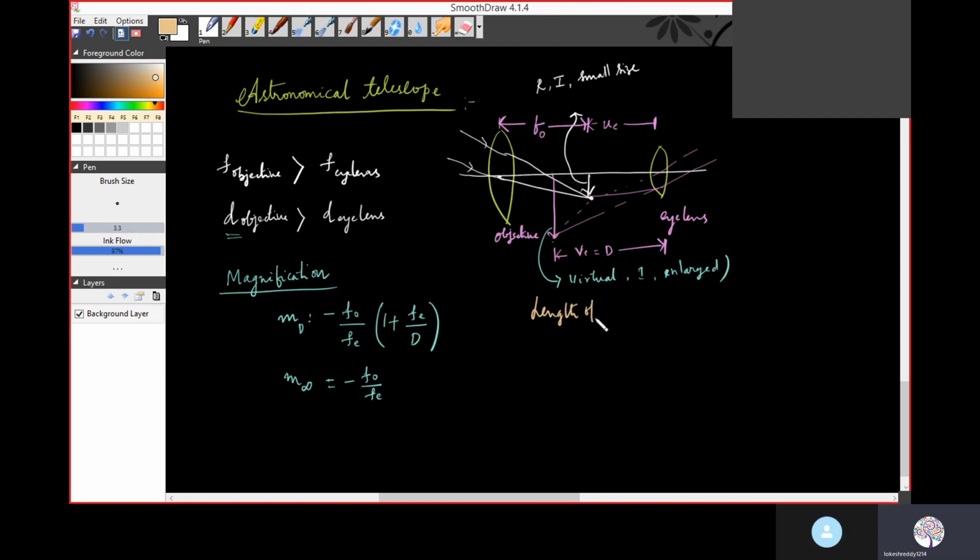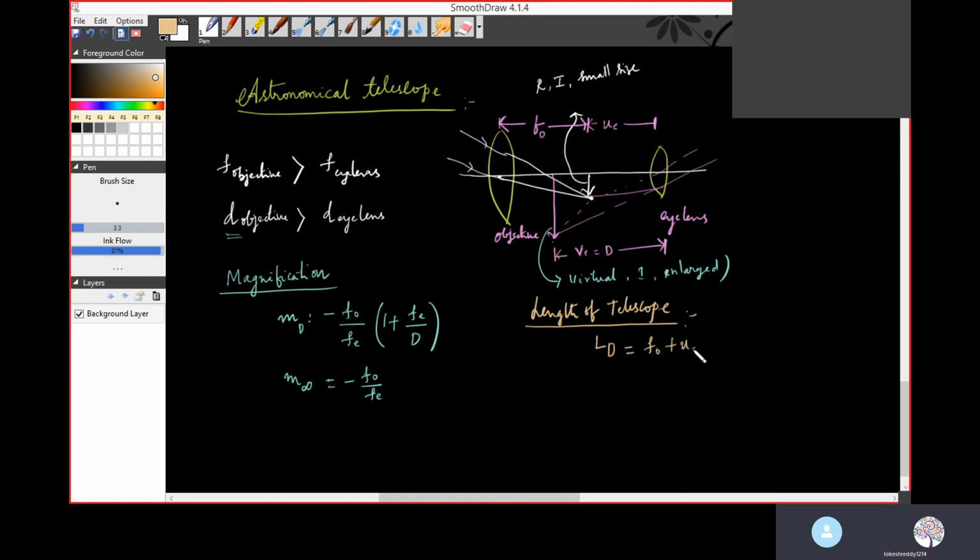Then you have the length of the telescope. The length of the telescope LD is equal to F naught plus UE.